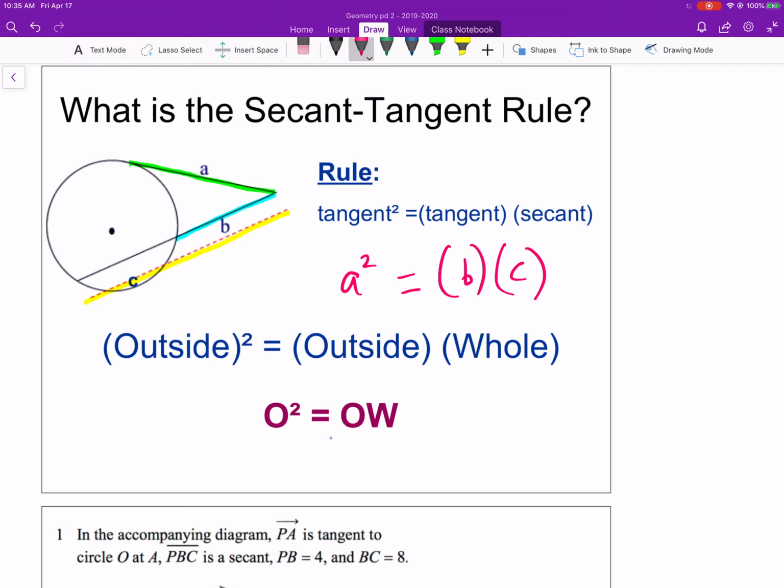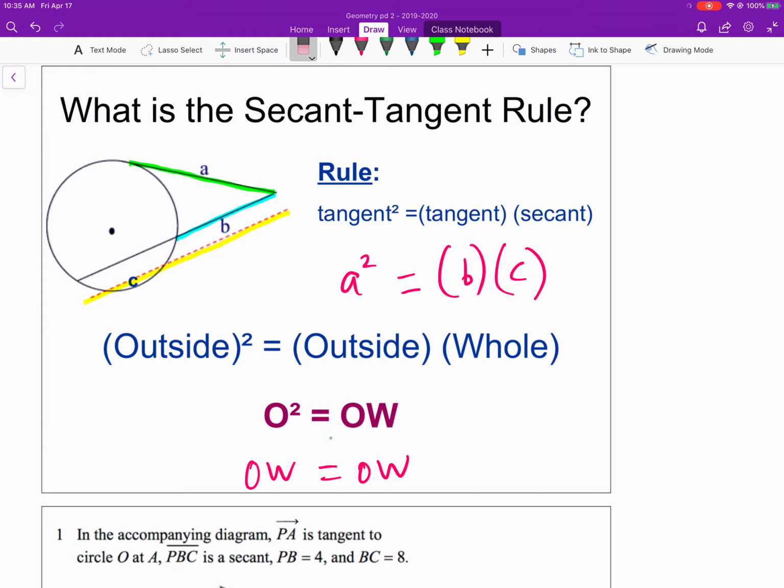Now, this is something just to think about. This is really the exact same rule. OW equals OW. Here's why. You might be confused about this section right here. How is it the same thing? Well, for letter A up top here for the tangent, the outside and the whole are the exact same thing. The outside is the whole thing. So O squared is just the outside times itself.